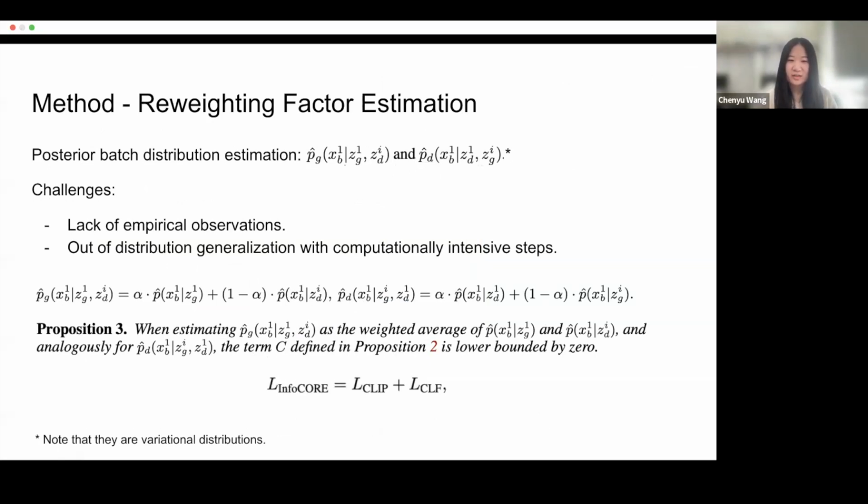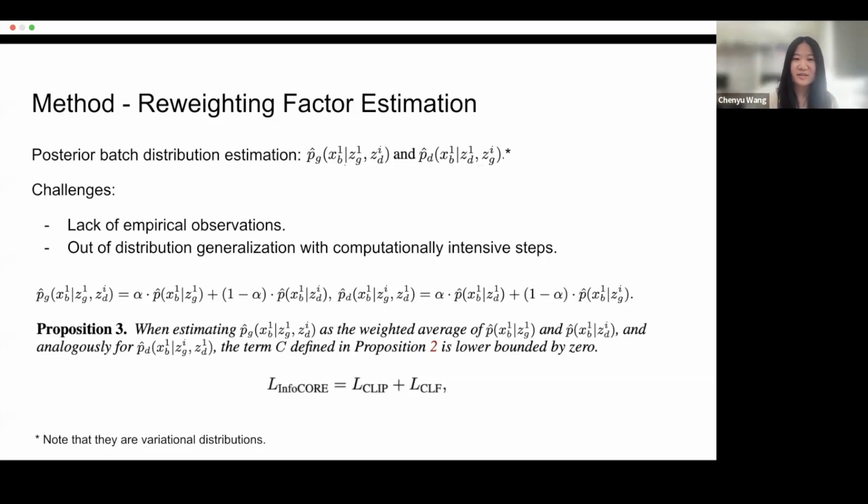And we need to find some way to approximate these variational distributions. A very simple way to think about it is to concatenate both phenotypic latent and drug structure latent, and train a classifier based on the concatenation of the two latents.